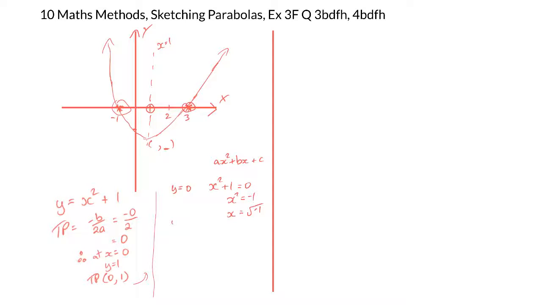But I can find the y-intercept, which is when x equals 0. So y would equal 0 squared plus 1, which equals 1. So I have a value of 0, 1, which is actually the turning point. So when I sketch this up, I have one point, 0, 1. That's all I have.